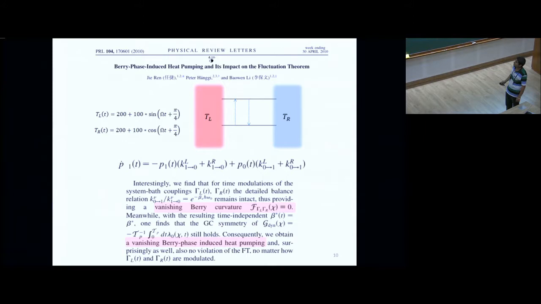He showed that by changing the temperature of these two baths in a cyclic manner, using a rate equation, you could show that there is a net heat transfer between the two, even though there is no temperature gradient. Okay, it can transfer heat between left and right. And that is precisely because of the Berry phase. I'll show you how it comes, but that's the effect of the Berry phase.